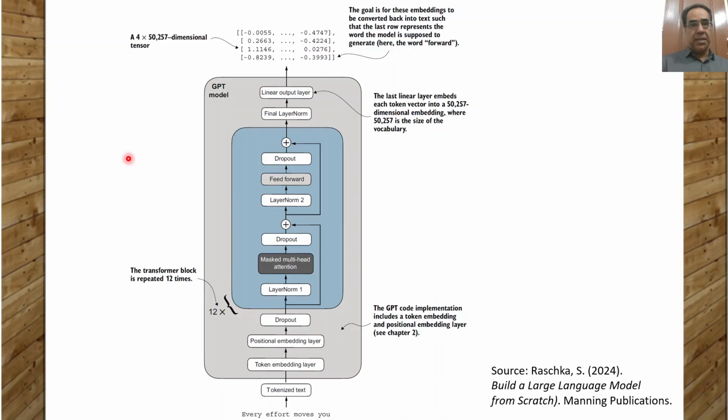This is an overview of the GPT-2 small model architecture, showing the flow of data through the model, starting from the bottom. Tokenized text is first converted into token embeddings, which are then augmented with positional embeddings.